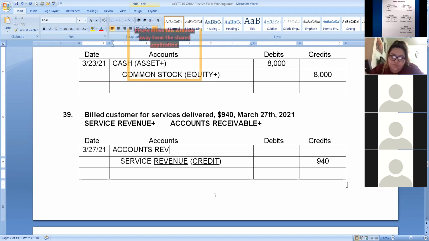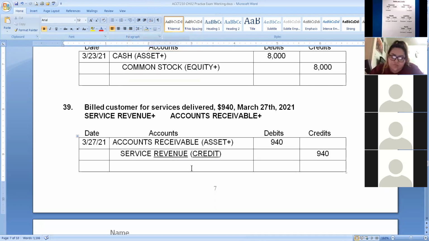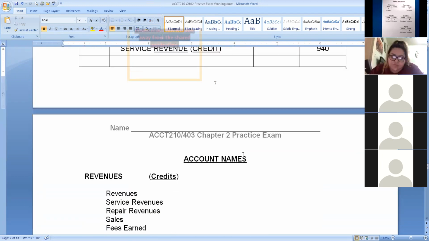And accounts receivable is an asset going up. Okay, I think that's it, right?